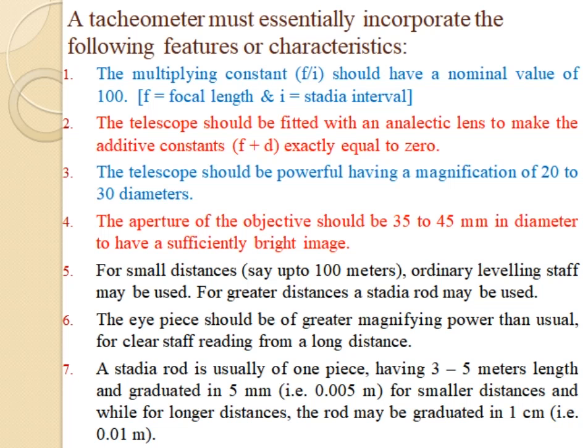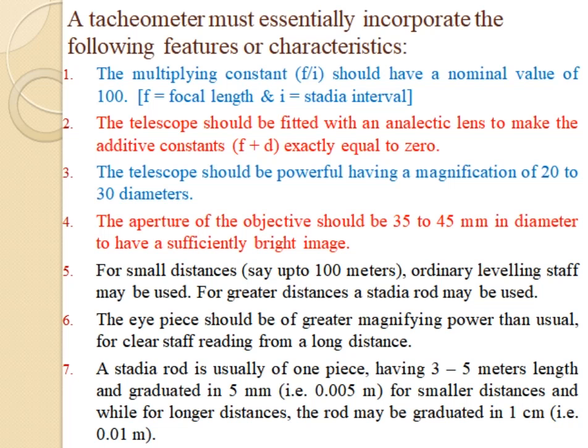If the tachometer is provided an analytical lens, we get the additive constant. The telescope should be fitted with an analytical lens to make the additive constant f plus d exactly 0. So the constant is 0, f plus d is equal to 0, and when the stadia diaphragm is provided, the value of the multiplying constant is 100.